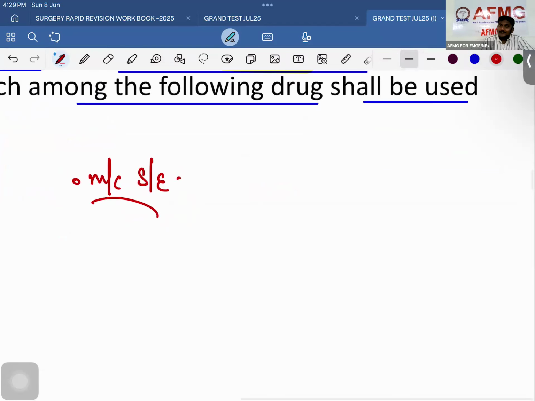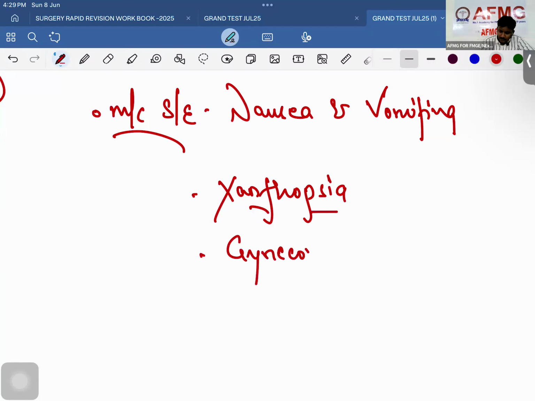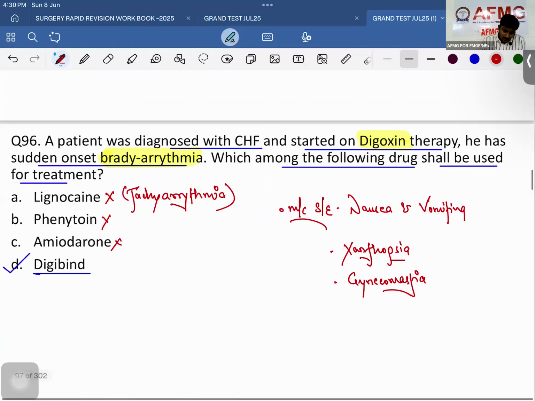That yellowish vision is known as xanthopsia. Patient can have enlargement of breast called gynecomastia. We know that digoxin is one of the DISCO drugs which can cause gynecomastia. Di for digoxin, S for spironolactone, C for cimetidine, O for ketoconazole, and O for estrogens, beta. That is important. Okay? Chalo.